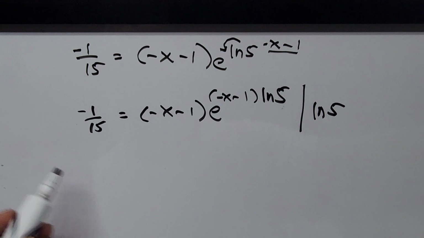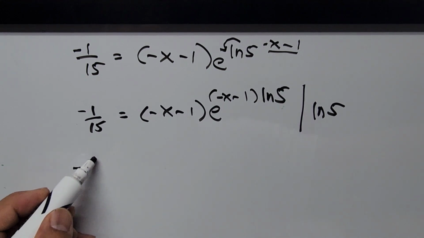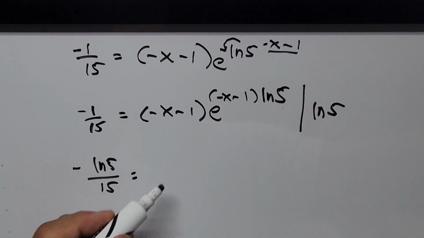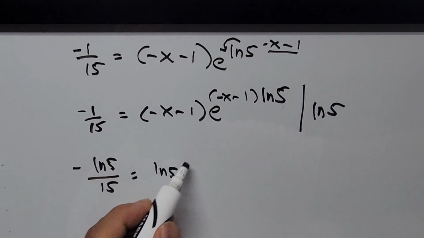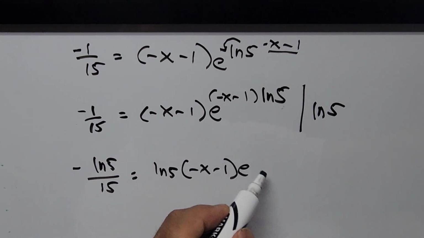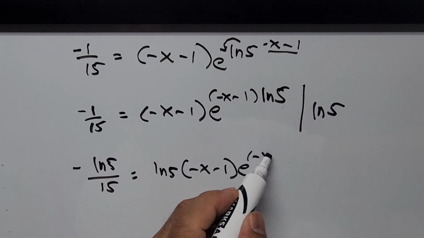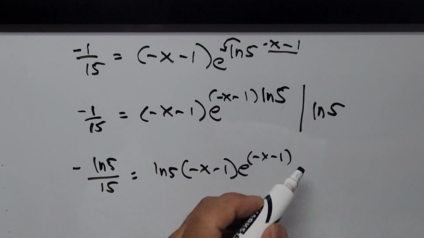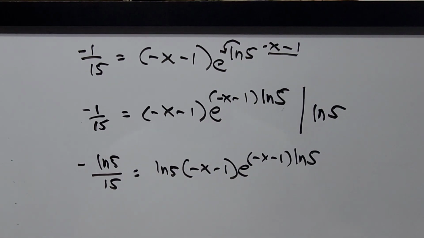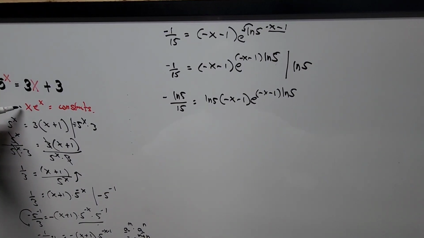So we have here on the left hand side negative ln of 5 divided by 15 equals ln of 5 times negative x minus 1 times e to the power of negative x negative 1 ln of 5. So now our equation is at the desired format we were trying to target earlier, right?